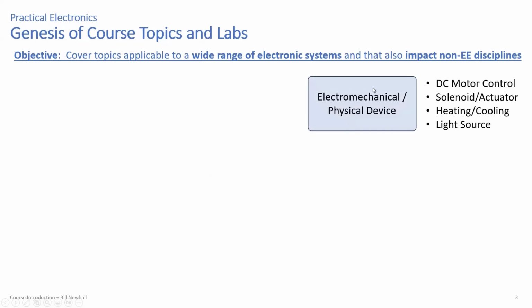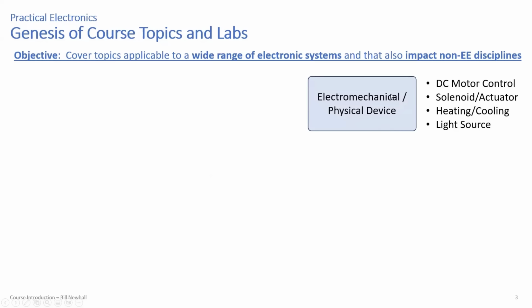So we're going to talk about electromechanical devices, or otherwise physical devices like DC motors and solenoids and actuators. You can think of these as anything that a circuit might interface with to either sense or control.